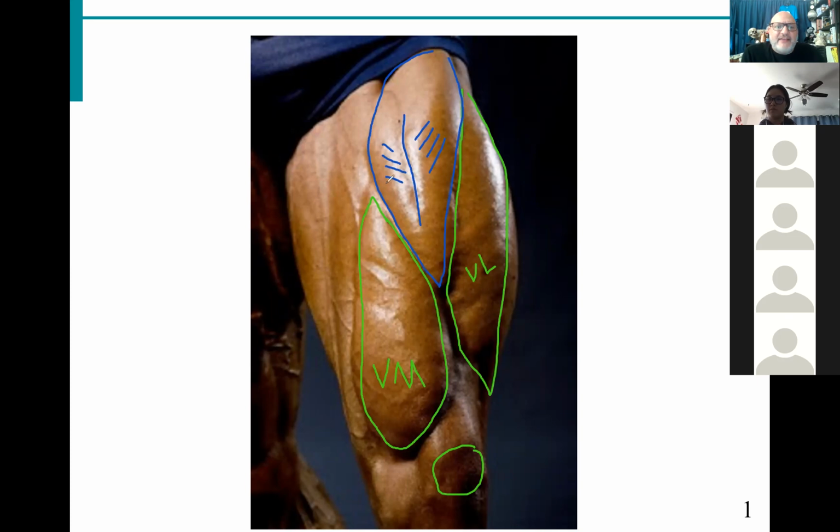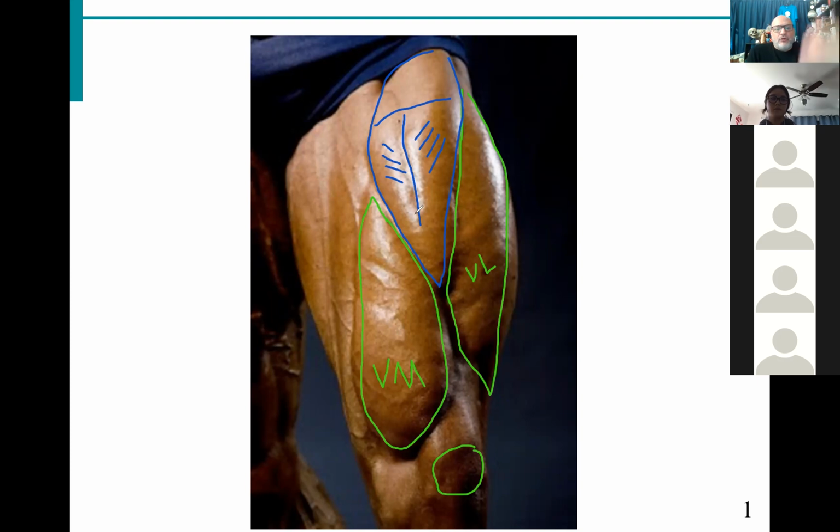So notice as the muscle cells get bigger and the fascicles get bigger, this muscle gets wider and thicker. But does it get longer? No. So notice as the vastus intermedius gets bigger underneath it, it pushes the rectus femoris further away from the knee.